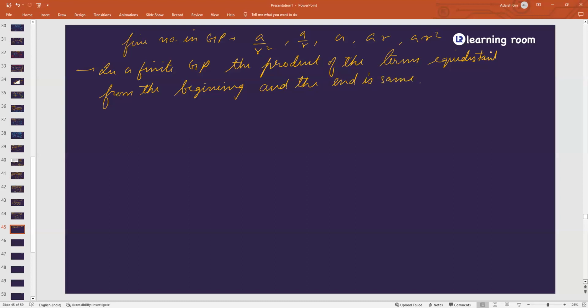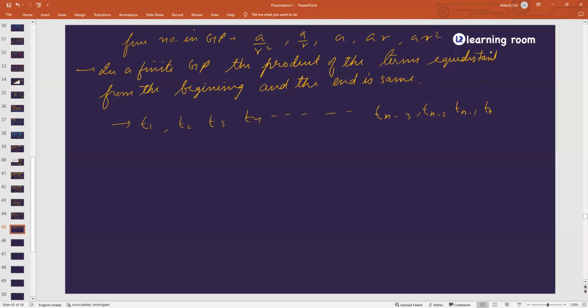For example, we have a series T1, T2, T3, T4 are the numbers, and so on, Tn minus 3, Tn minus 2, Tn minus 1, Tn, like that. N numbers are there.